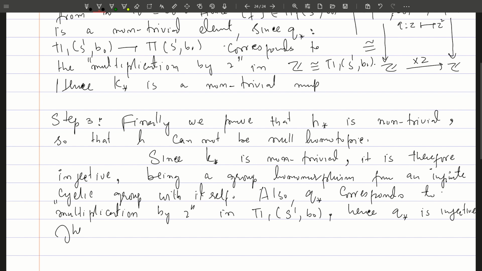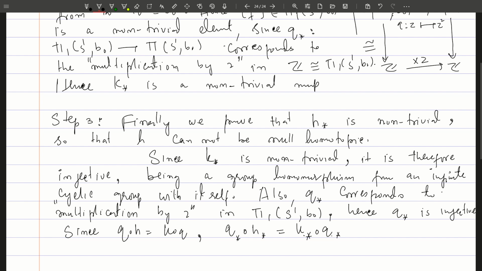Therefore, since the composition Q composite H is K composite Q, since these two are equal, Q star composite H star is the same as K star composite Q star. So K star is injective, Q star is injective, so this implies this composition map is injective.